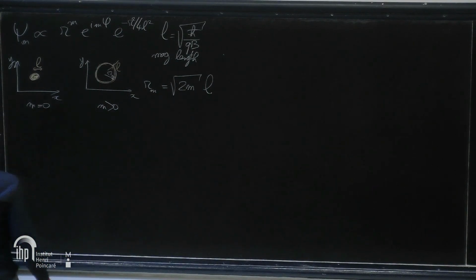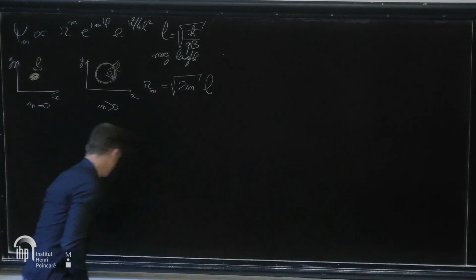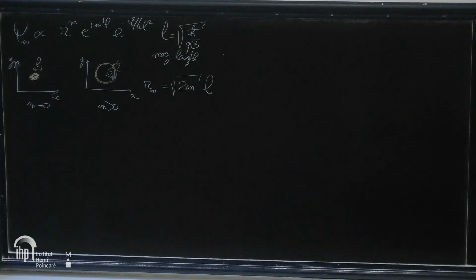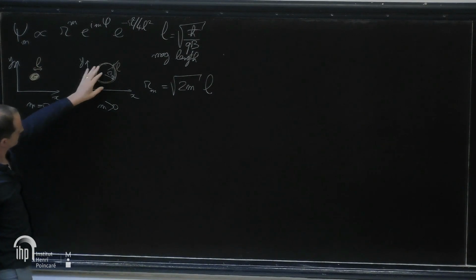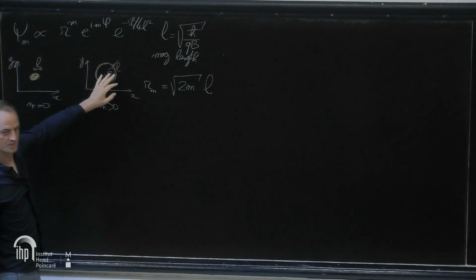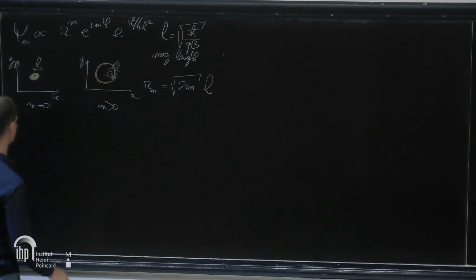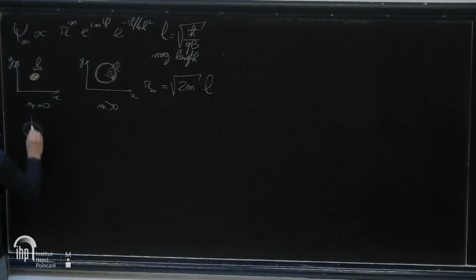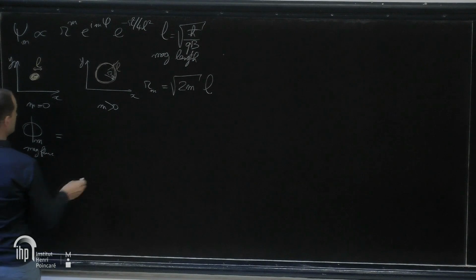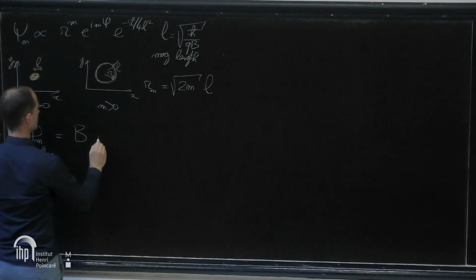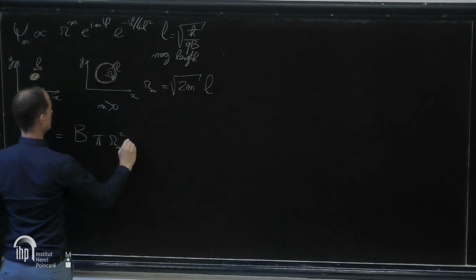So this radius is not really random. We can wonder what is the magnetic flux enclosed by this orbit. It will be important in the following. So I call this phi m. It's the magnetic flux, which is simply B times the area, pi Rm squared.